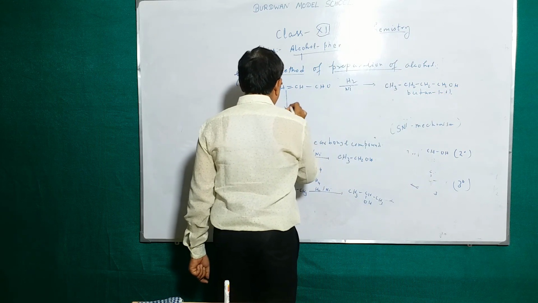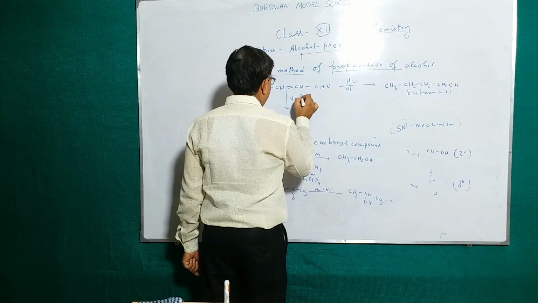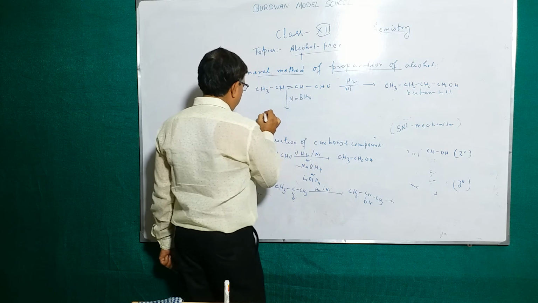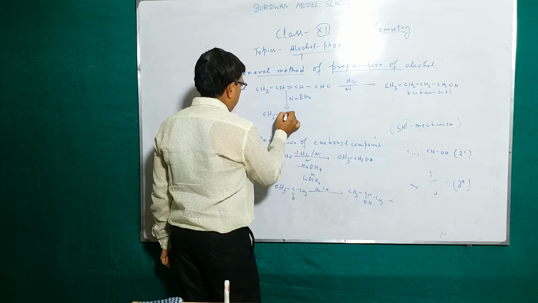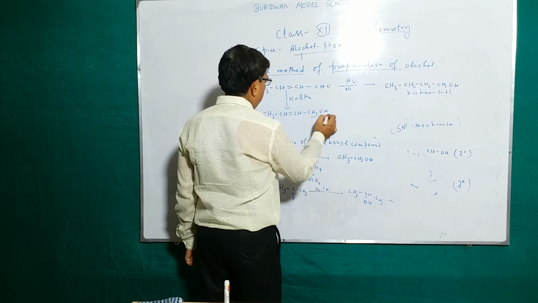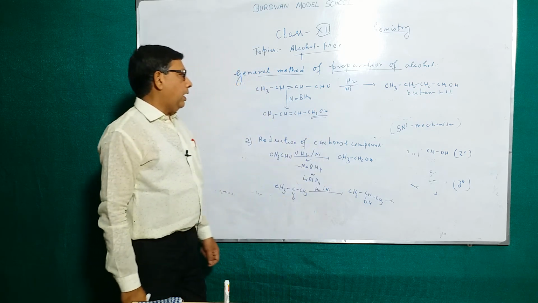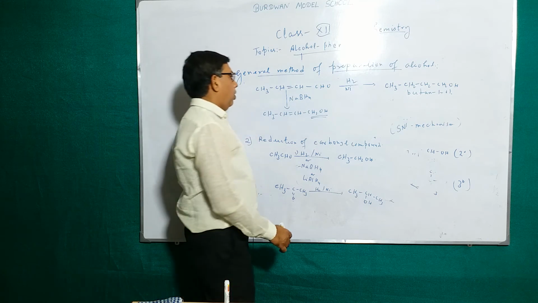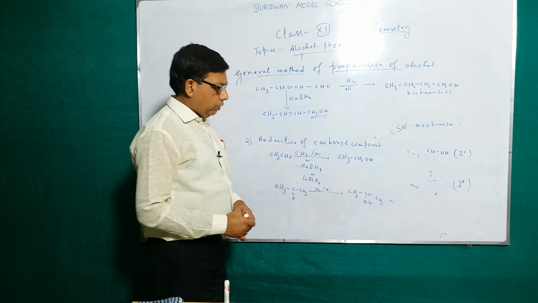But if you reduce by sodium borohydride, the multiple bond remains intact, CH3CH=CHCH2OH, only the carbonyl group is reduced to alcohol, that is but-2-en-1-ol. So this is the selective reducing agent.